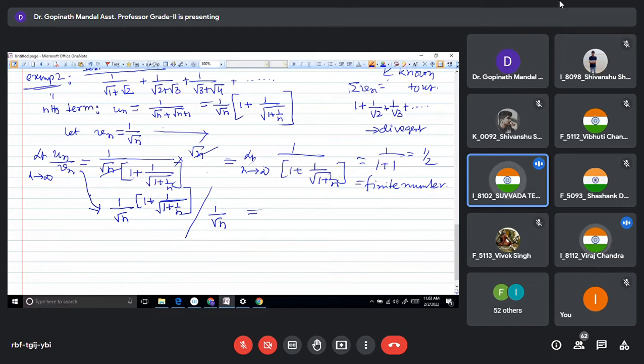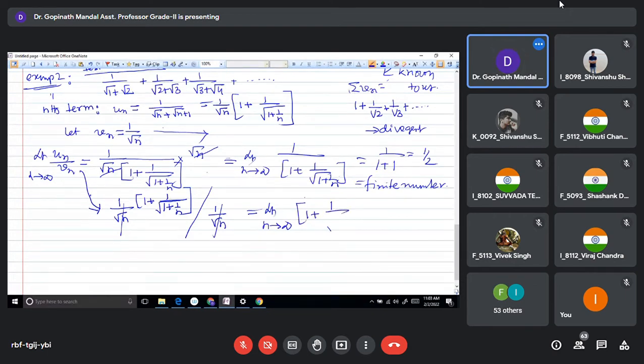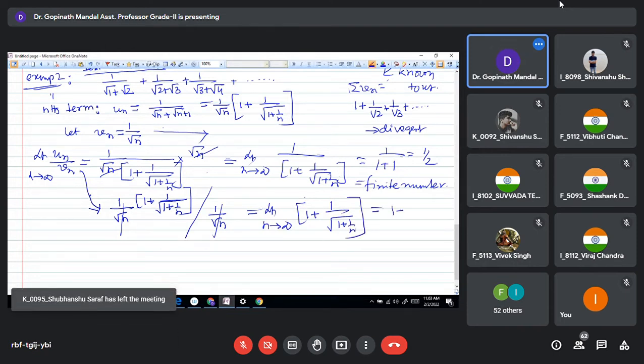So n tends to infinity, 1 by root n cancels, and this will be 1 by 1 plus 0, which is 1.